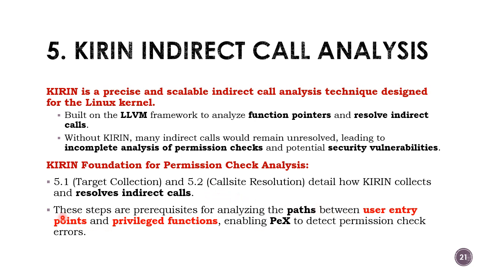When Kirin has done its job, it puts the refined result into PACS to detect the permission checks and the privilege function mappings. It will be easier for PACS and more precise for its permission check errors.